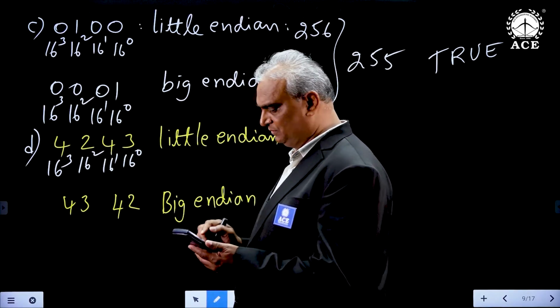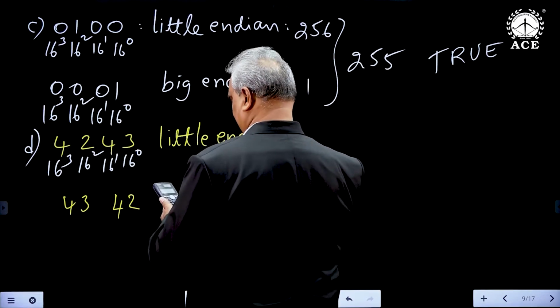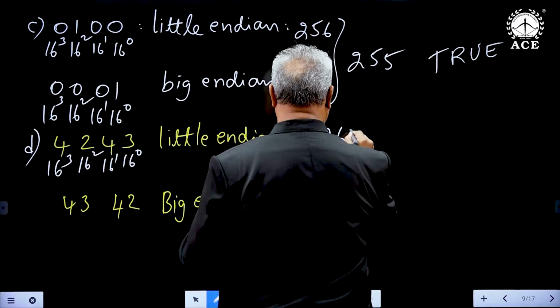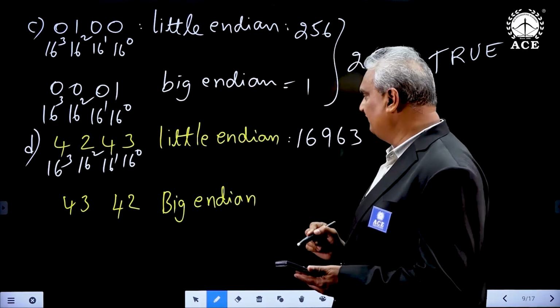What about this value? This value is nothing but 16,963. It is the little endian value.